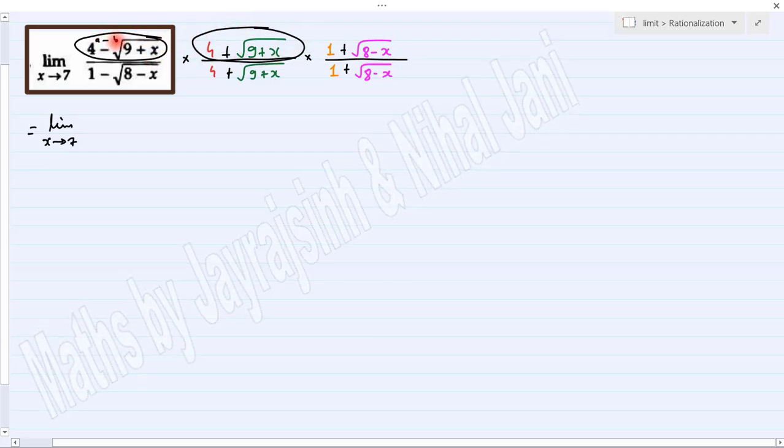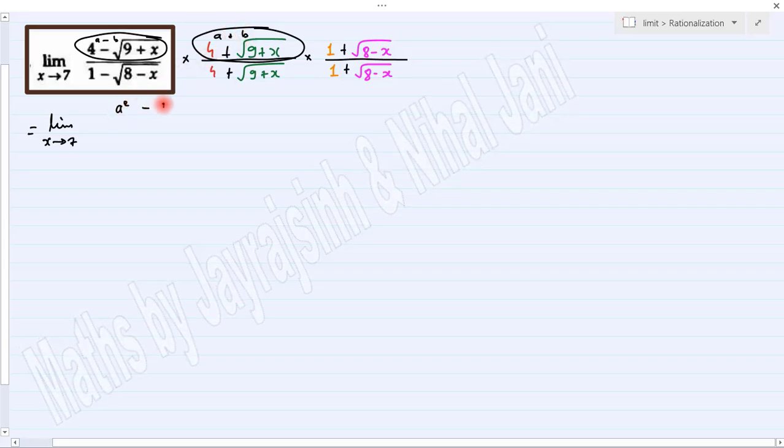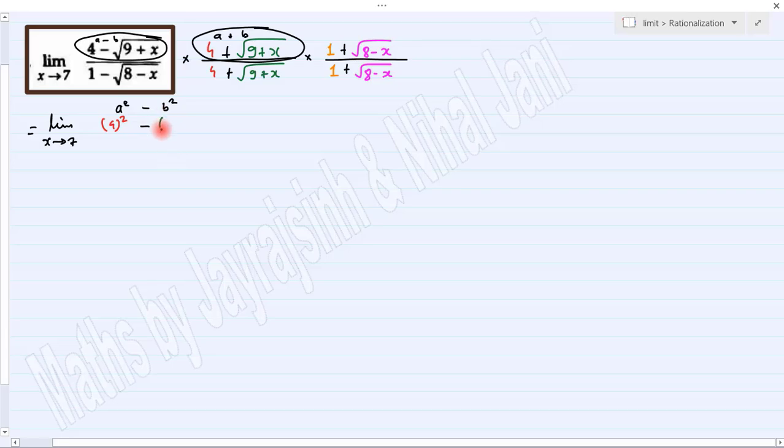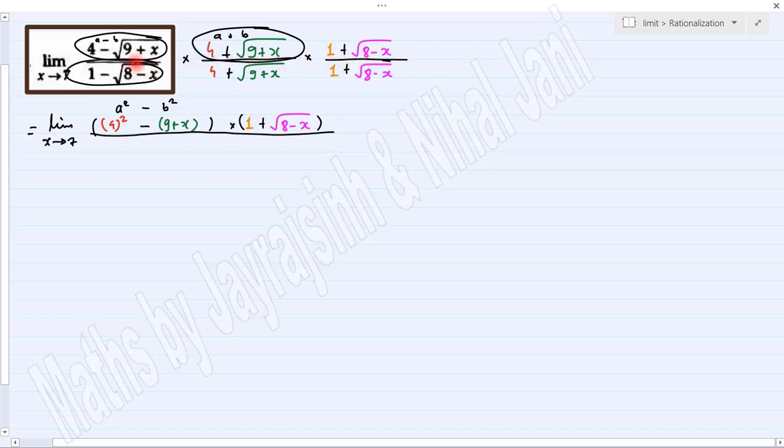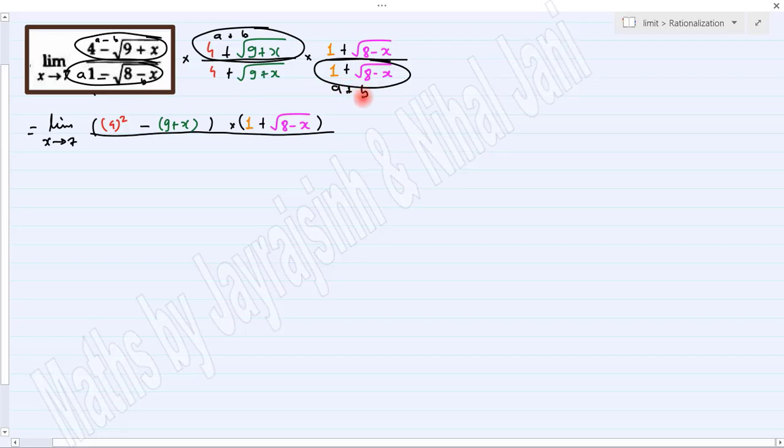We have (a minus b) into (a plus b), which will be converted into a square minus b square. So, we will get 4 square minus (root 9 plus x) square, or we can say 9 plus x, into this 1 plus root 8 minus x, which will remain as it is, upon, in denominator, let's multiply these two terms, which are in the form of a minus b and a plus b, and will be converted into a square minus b square.